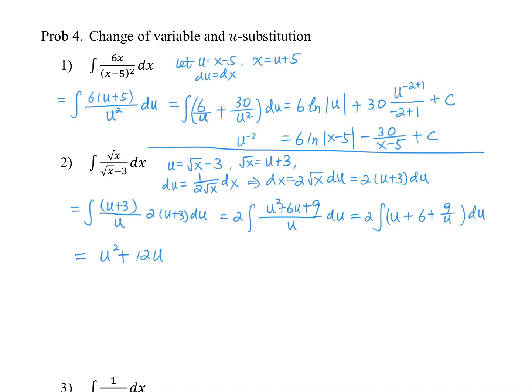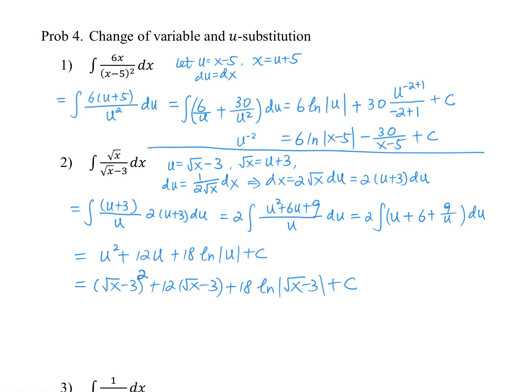So therefore we have 18 ln absolute value of u plus c. Now we are going to do the substitution. U is square root of x minus 3. Oh, by the way, this is squared. Plus 18 times ln of square root of x minus 3, plus c.